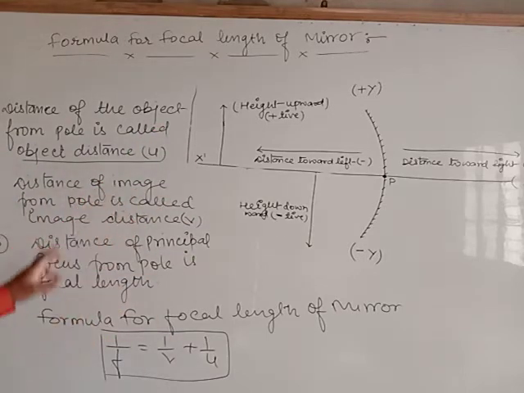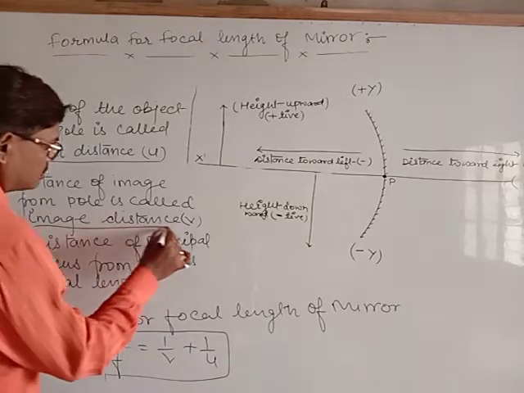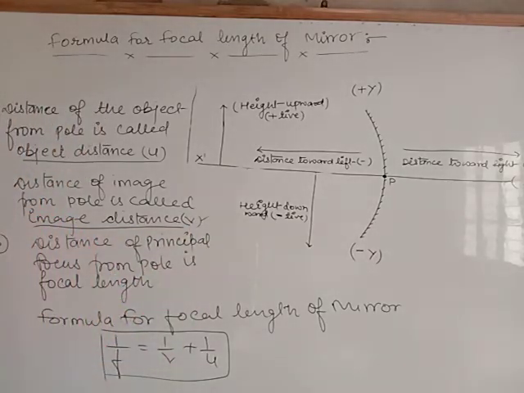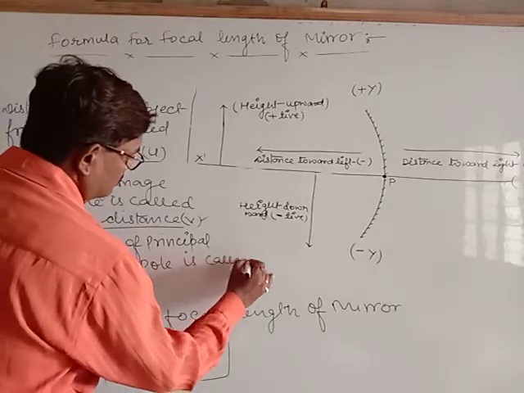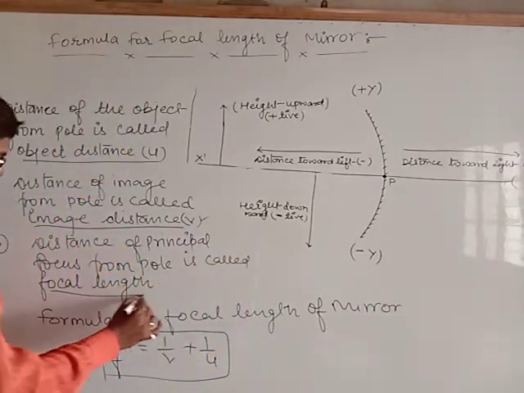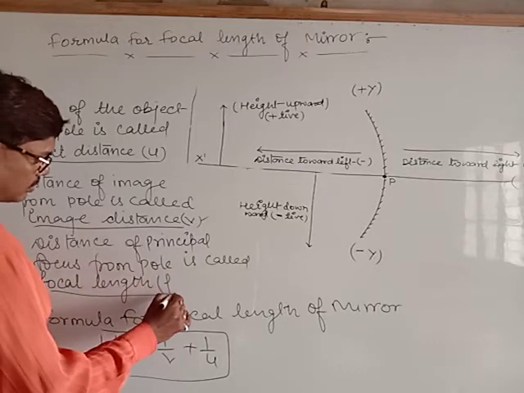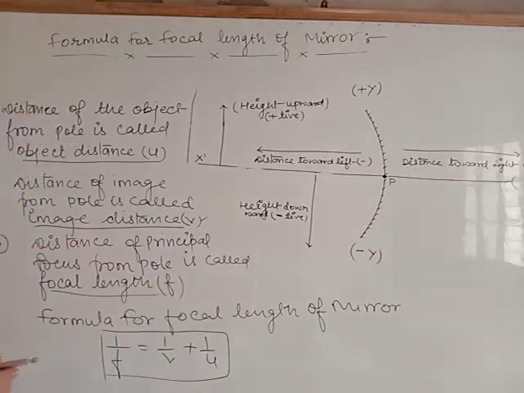The distance of the image from the pole is called the image distance, v. The distance of the principal focus from the pole is called the focal length, represented by small f.